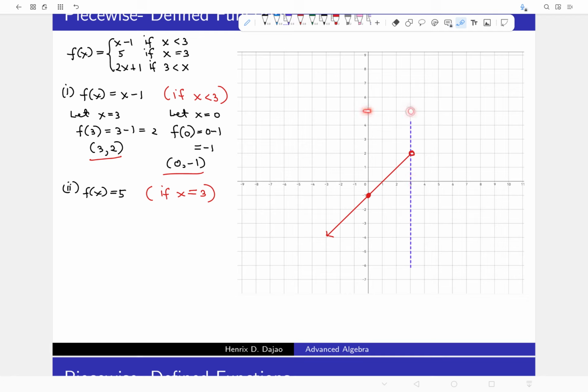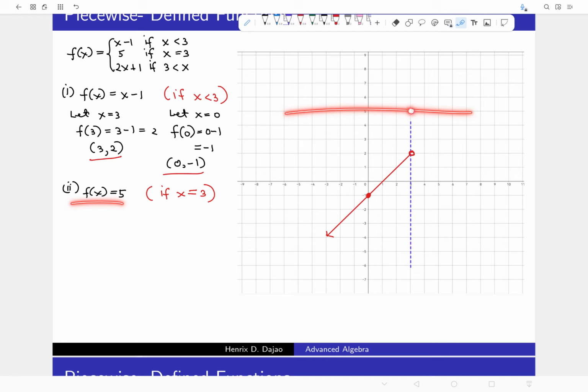So it's here. Actually, the graph of this one, if the domain is the set of all real numbers, looks like this. Since we are only to consider a domain which has only one element, which is 3, we are going to only plot a point that is only a part of this line.